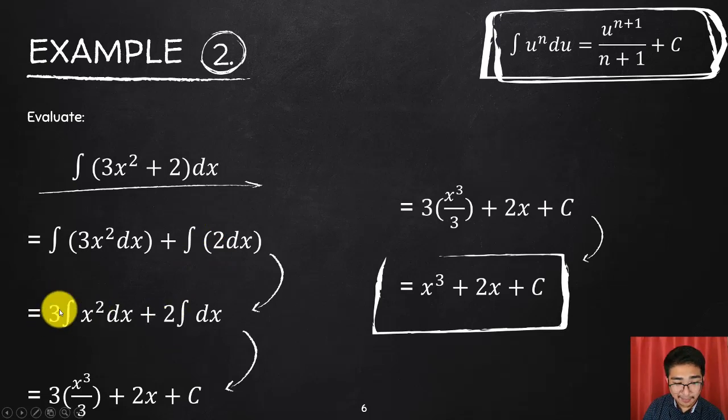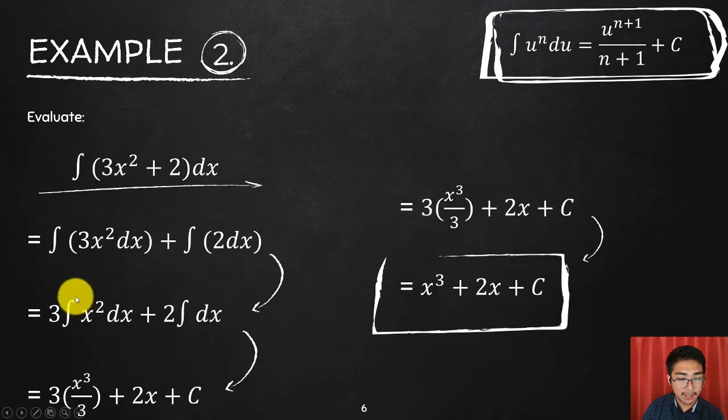This means that 3 and 2 will no longer be included when you integrate the terms inside the integral sign. Instead, you integrate what is inside the integral sign and you simply multiply by 3 and by 2, okay? So if you remember, the integral of x squared dx was our first problem, correct? Using the power formula, we got x cubed over 3.